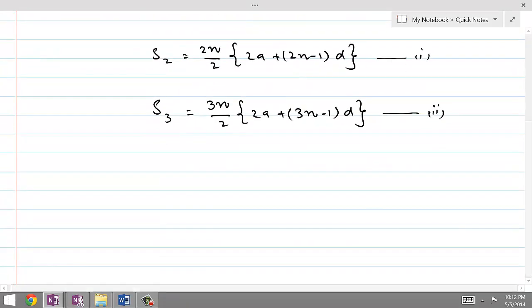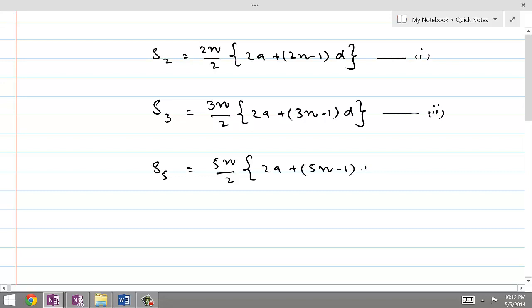And now S5 is the sum of 5n terms. So S5 would be equal to 5n by 2 into 2a plus 5n minus 1 into d. Let us call this the third relation.